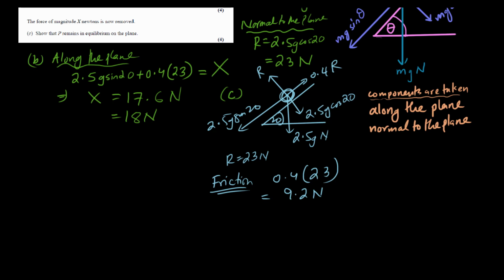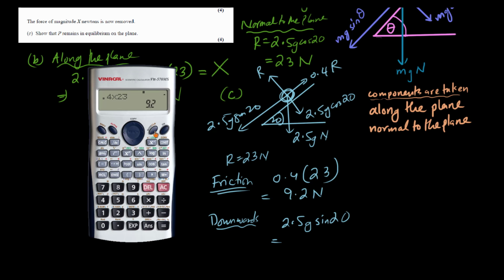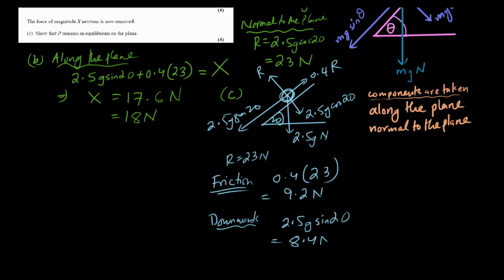Now the force that is pulling it downward. So the downward force is going to be 2.5 g sine 20. That's the only force. And this is going to be 2.5 into 9.8 into sine 20. So 8.38. So 8.4 Newton to two significant figures.